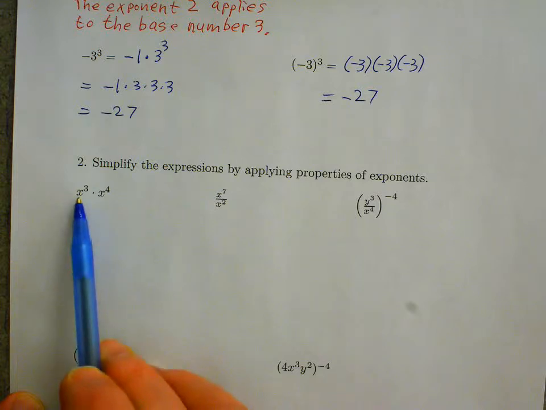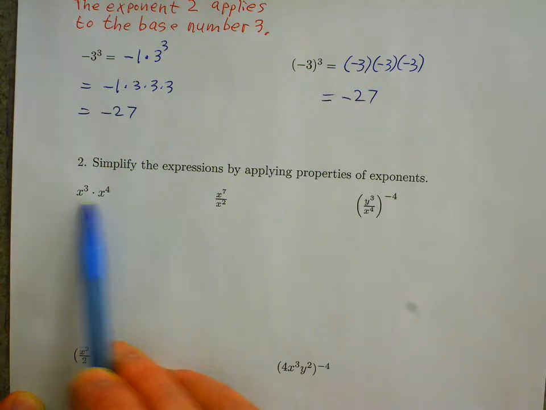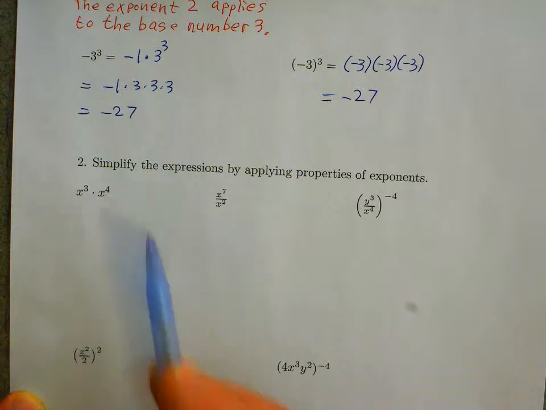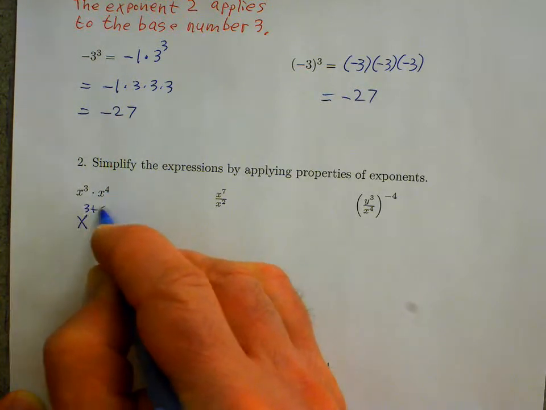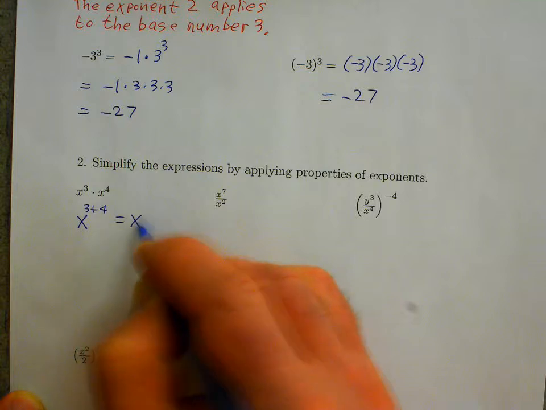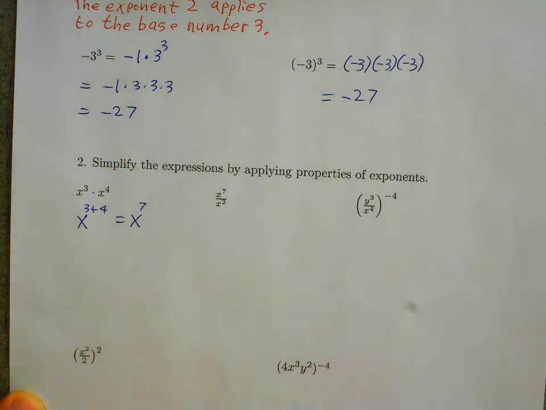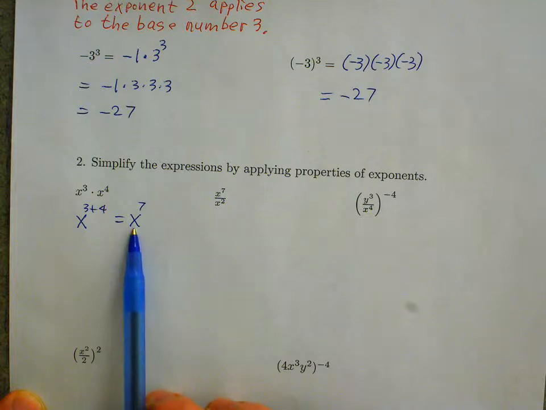The base is the same. The base is x, and we're multiplying. So x to the third times x to the fourth is x to the 3 plus 4, which is x to the 7th. And since x is a variable, we can't simplify any further.